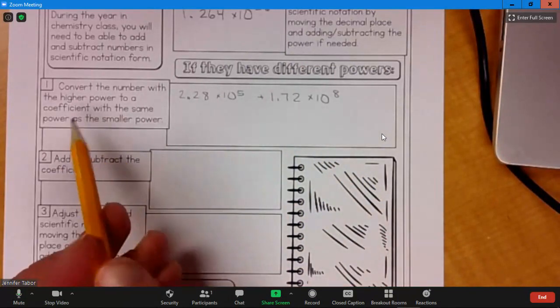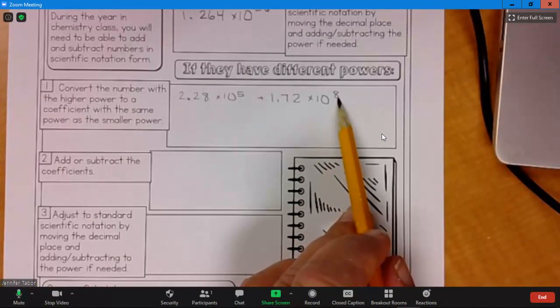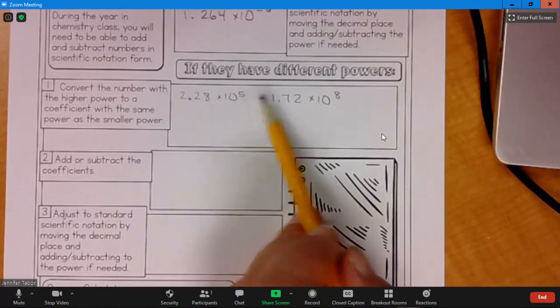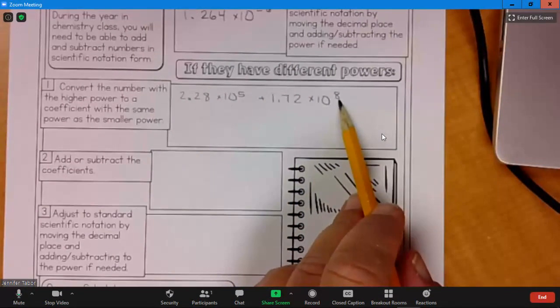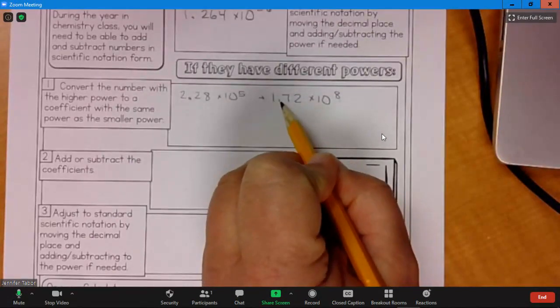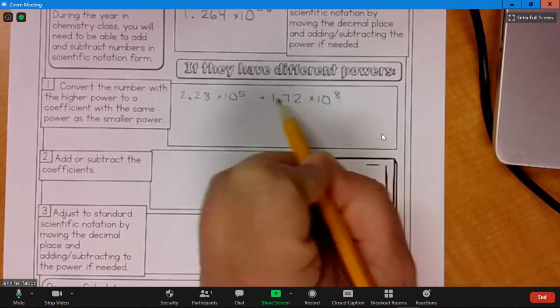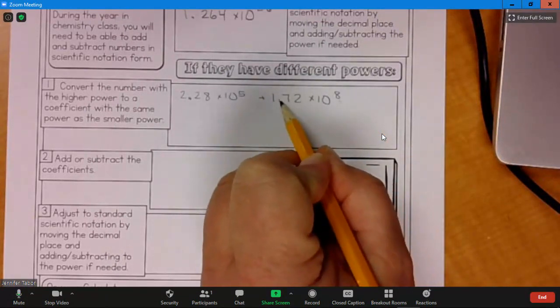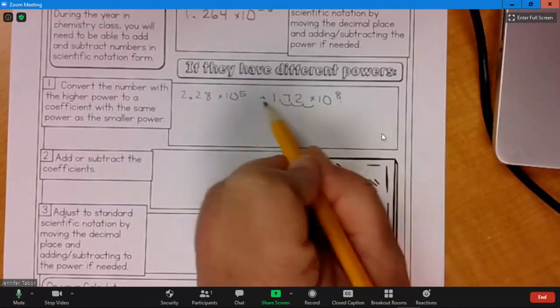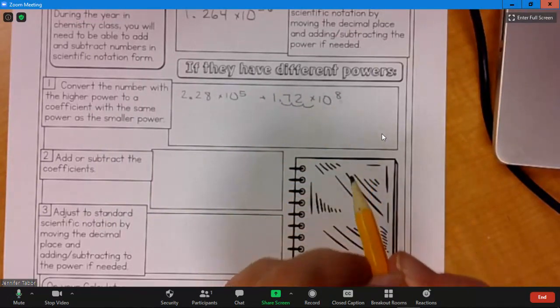We need to convert the number with the higher exponent so it has the same as this. So we're going to convert this to make it 10 to the 5th. The way we do that is we basically move our decimal point, because we want this number to be smaller, we move it to the right. 1, 2, 3 spaces. I picked 3 because 8 minus 5 is 3, right?